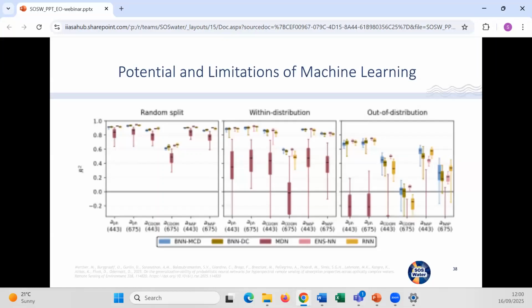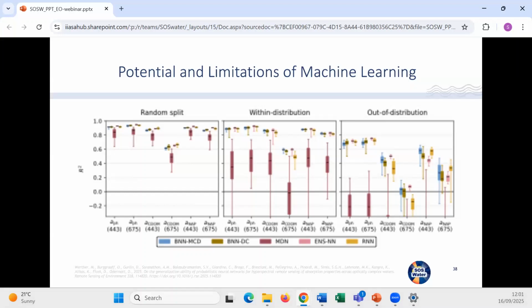One general limitation that we observed with machine learning algorithms is that it depends very strongly on measurements from the ground. In this study here, we compared a number of different neural networks, which are shown by the different colored bars. And then you see groups of colored bars that represent different water quality variables: phytoplankton absorption, organic matter, and non-algal particles.